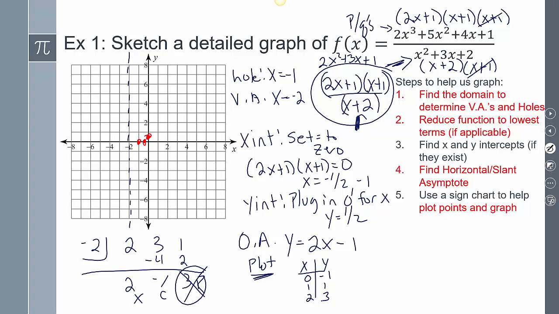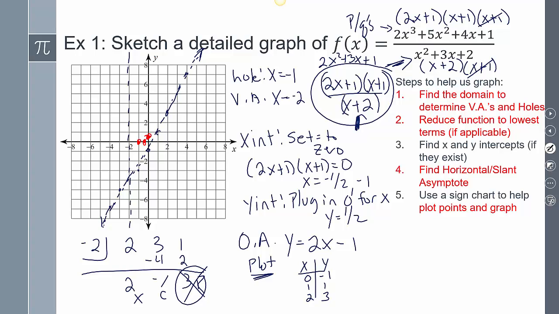Plotting that on my graph, at 0 it's -1, at 1 it's 1, at 2 it's 3, and then following that pattern all the way through, okay, I have my asymptote there. So now I have both my vertical asymptote and my oblique asymptote graphed.